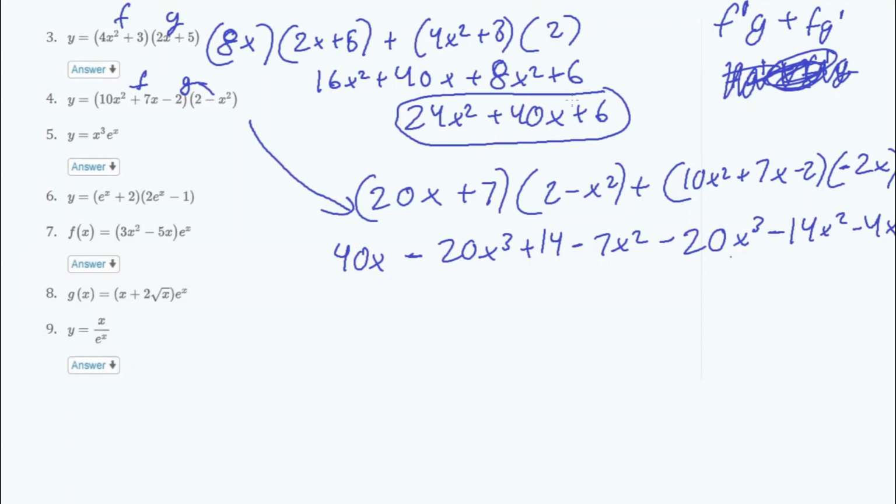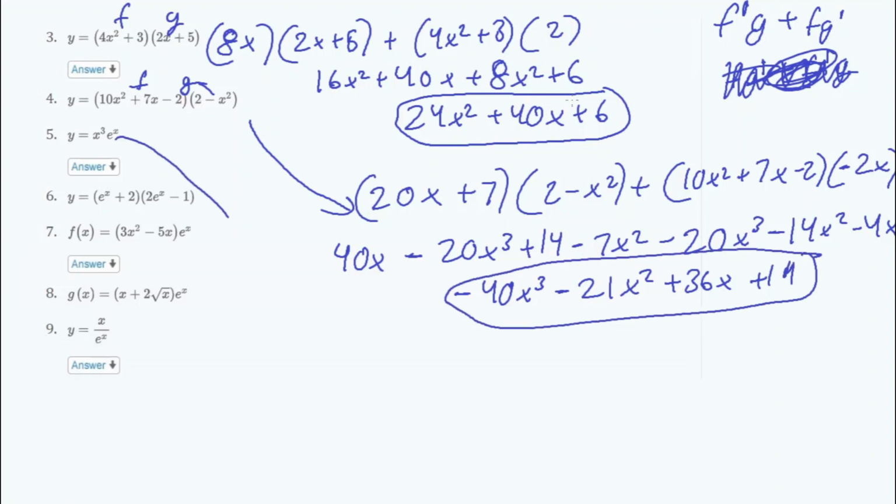So we have two negative 20x cubed terms, so we're going to have negative 40x cubed, and then we have negative 7 and negative 14, so we're going to have negative 21x squared, and then we have 40x and then negative 4x, so we're going to have plus 36x, and then our constant is just 14. And that is going to be our derivative.